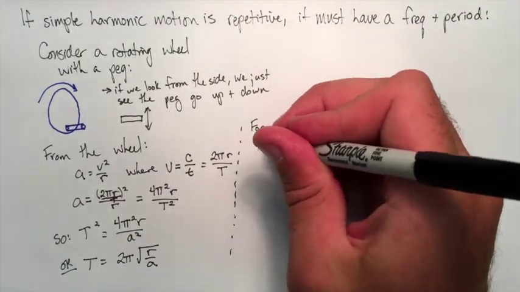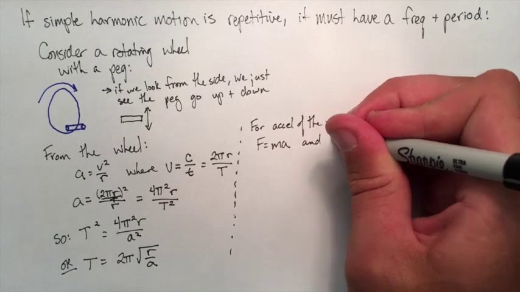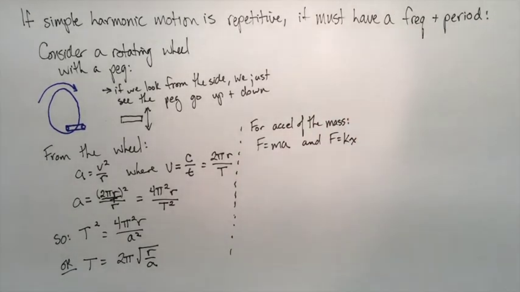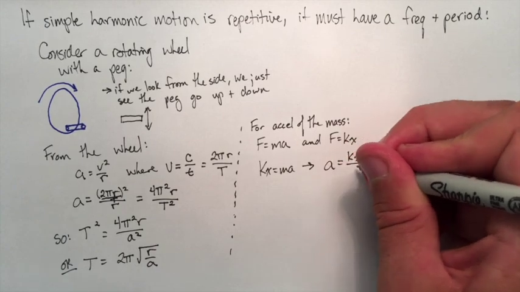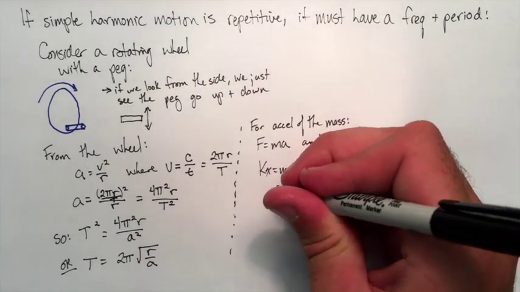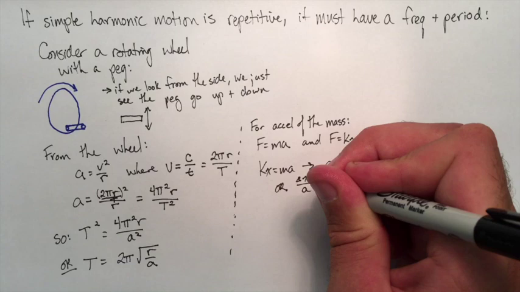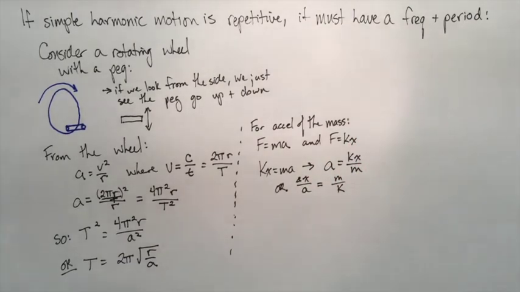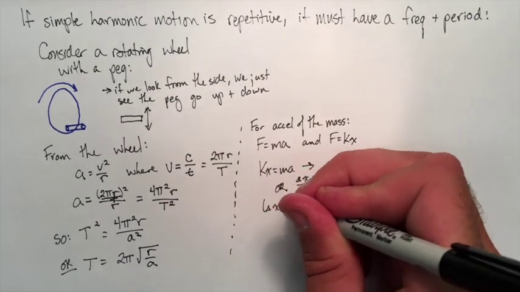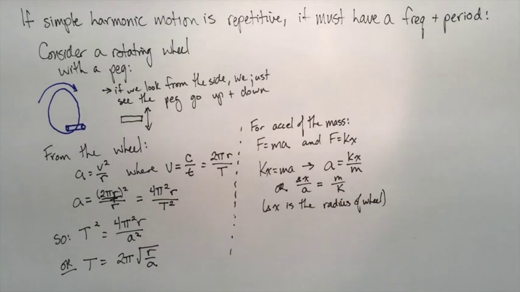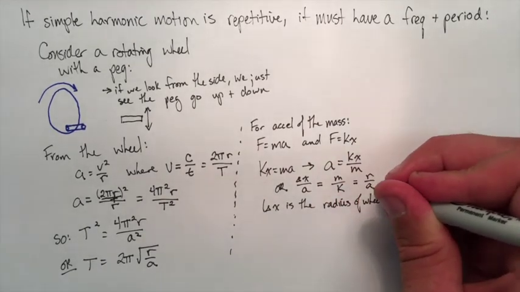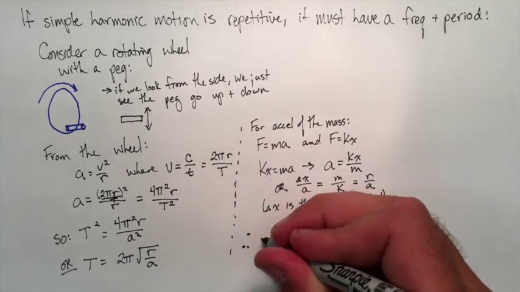The other part of the diagram at the top has a mass on the end of a spring. So the acceleration of that mass, we know that there's F equals ma, and we have to deal with a spring, which is F equals kx. So here, because it's accelerating, we can use kx equals ma, rearrange for that a, and actually rearrange a little bit more to get x divided by a, which is equal to m over k.